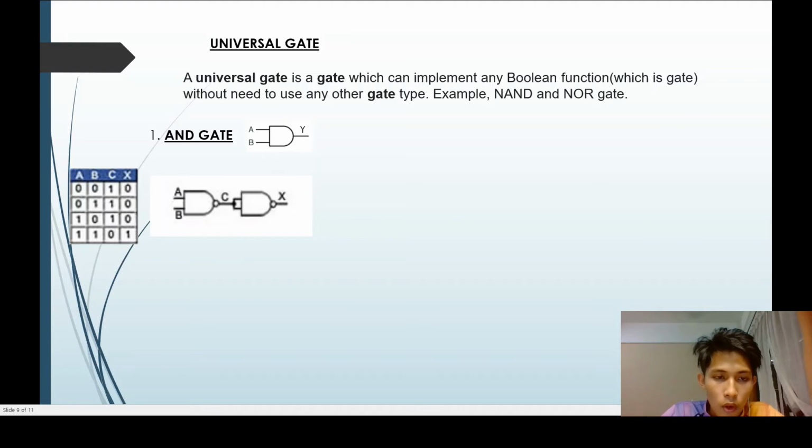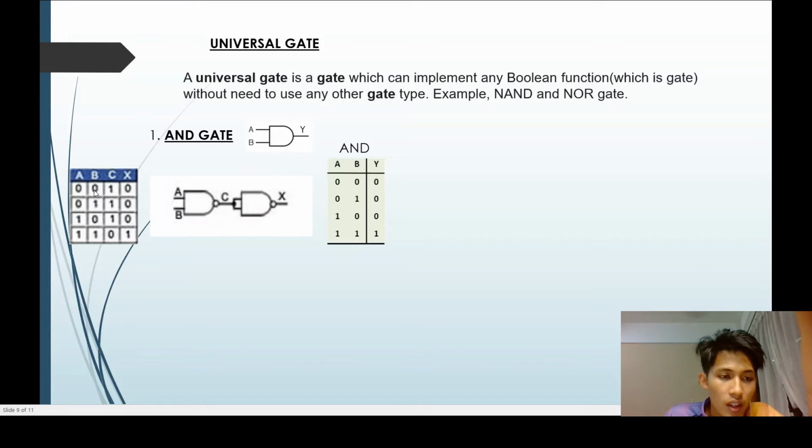So I will compare the results. This is the original AND gate truth table, and this one is the NAND arrangement truth table. AB is the input, and this one also has AB, the original gate.